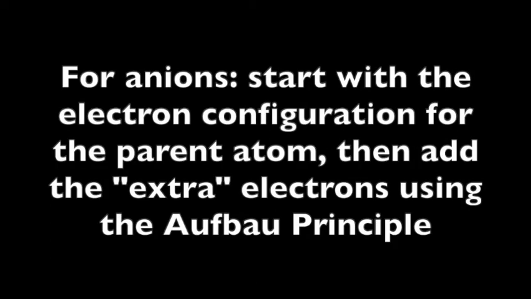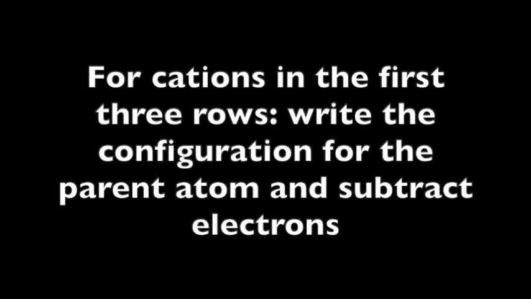The electron configuration for anions is pretty easy. Just write out the electron configuration for the parent atom and add the extra electrons using the regular Aufbau filling order. Writing electron configurations for cations isn't too bad if you're dealing with the first 3 rows.